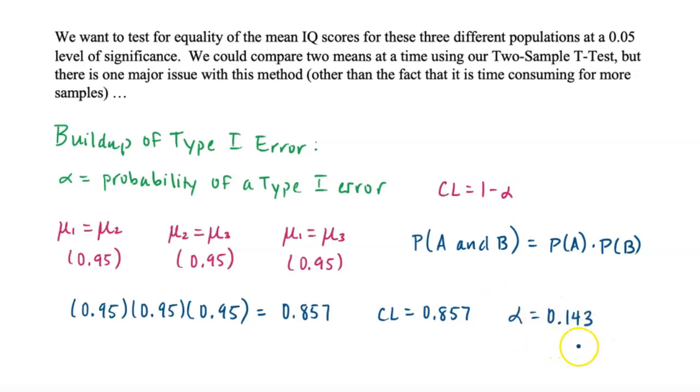This is a very high alpha, and so this won't really make a good experiment. This means that we're going to need a much higher confidence level for each of these three tests of means to get an alpha of 0.05 for the experiment. And so that's the problem with our previous method.